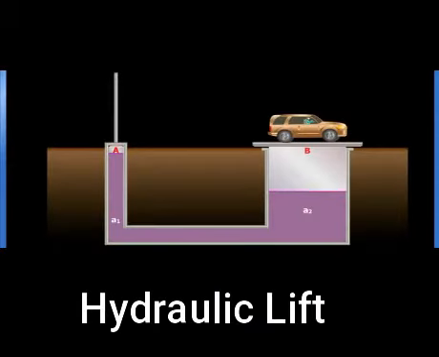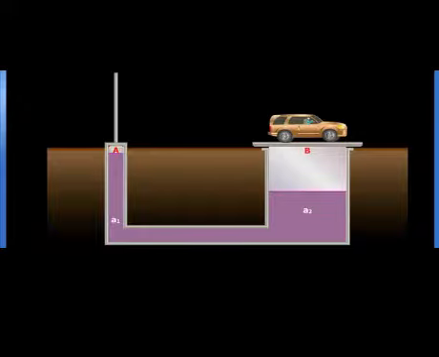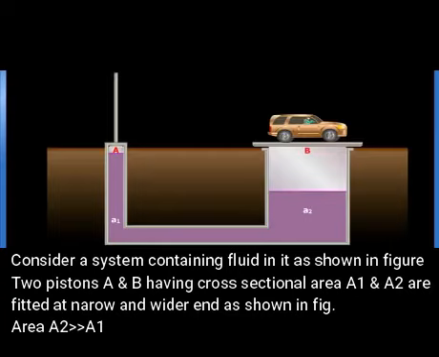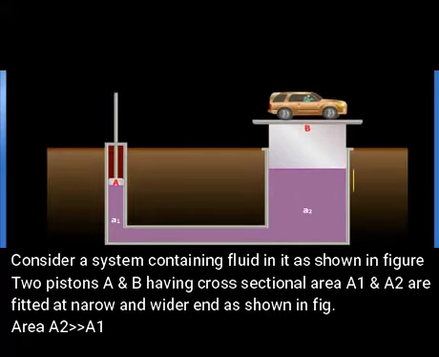So the next concept is the hydraulic lift. Okay, so consider a system containing a fluid in it as shown in the figure. Two pistons A and B having cross-sectional areas A1 and A2 are fitted at the narrow and wider ends as shown in the figure.